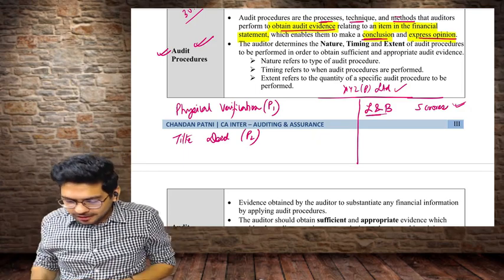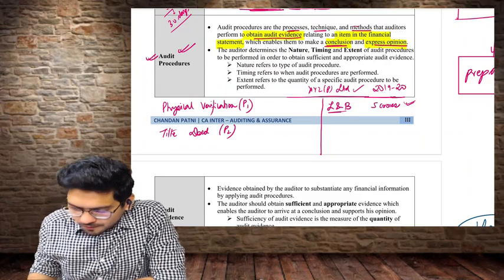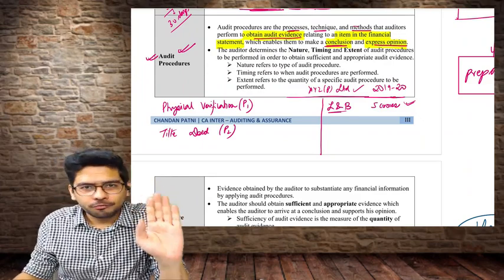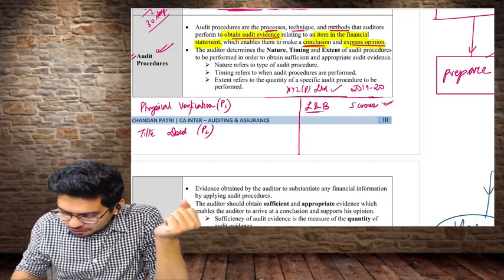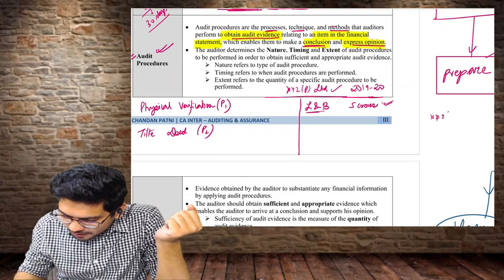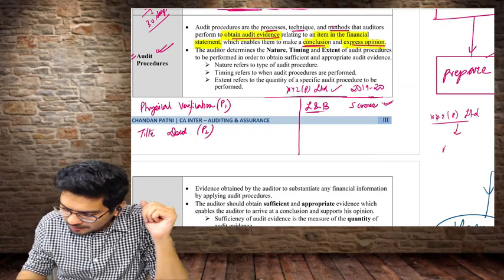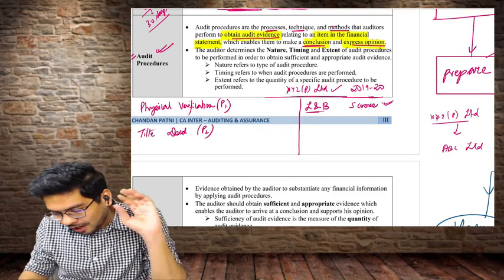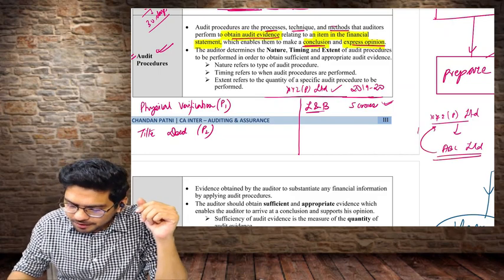Why? Let me give you a simple example. Let's say we are auditing for 2019-20. They produce a title deed and give you a photocopy of it. It might so happen that XYZ Private Limited sold this land and building to another company, ABC Limited, and after selling it, they have taken the same premises on rent.